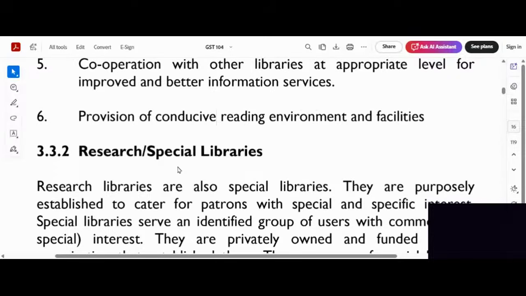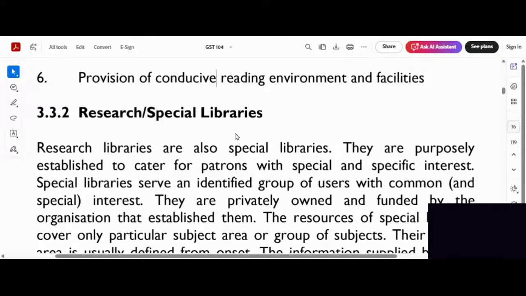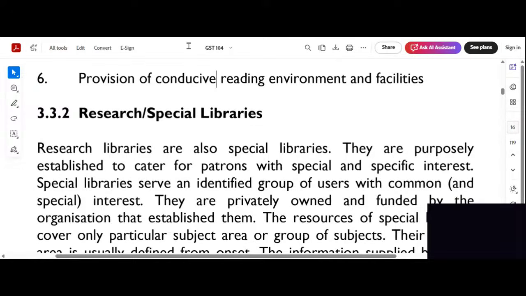Now, the next type of library we have is the research library, which is also known as special library. So let's read about it.